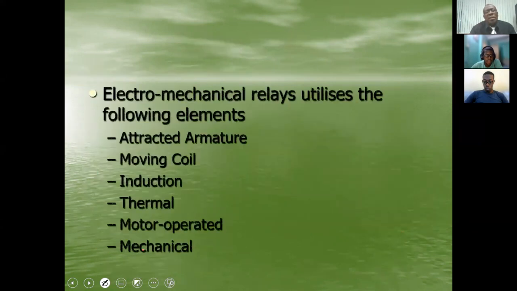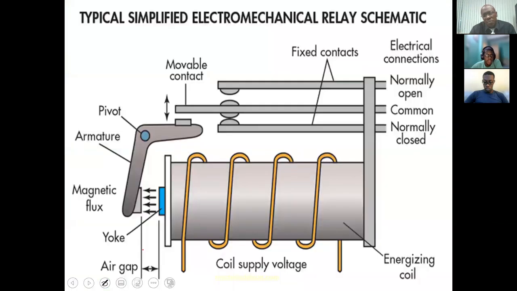So in terms of technologies, for your electromechanical, you have the attracted armature, moving coil, induction cup, thermal, motor operated, and mechanical. So we are showing here you have some moving parts. You have the energizing coil.